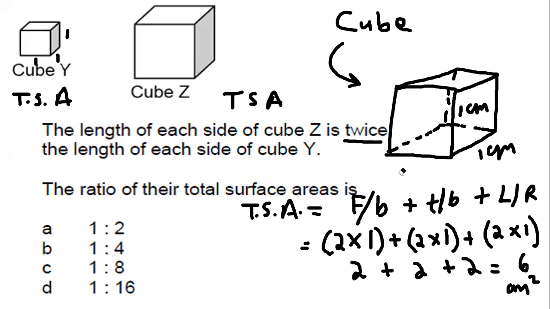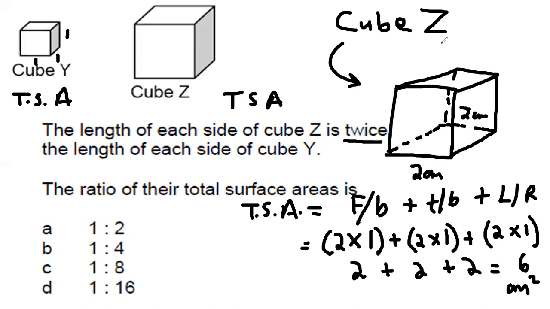So I'm going to change the 1. Because if you double 1, what do you get? 2. So this is 2 centimeters, and this is also 2. So guess what happened? What will the area for one face of the cube be, since it's 2 by 2?